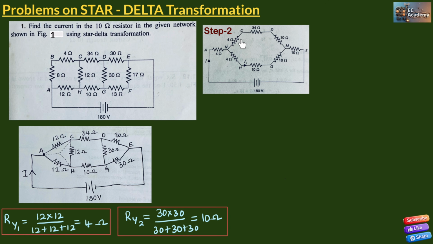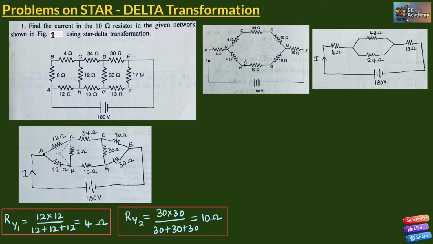Now, these 4 ohm, 34 ohm and 10 ohm are in series, which forms 48 ohm resistance, and these 4 ohm, 10 ohm and 10 ohm are in series, which forms 24 ohm resistance. If we simplify this network, we get 4 ohm in series with 48 ohm and 24 ohm in parallel, which is in series with the 10 ohm resistance.